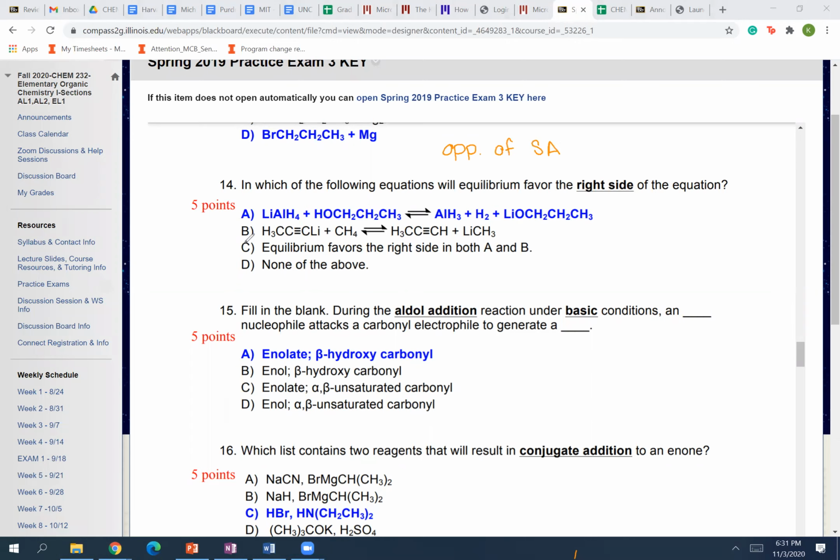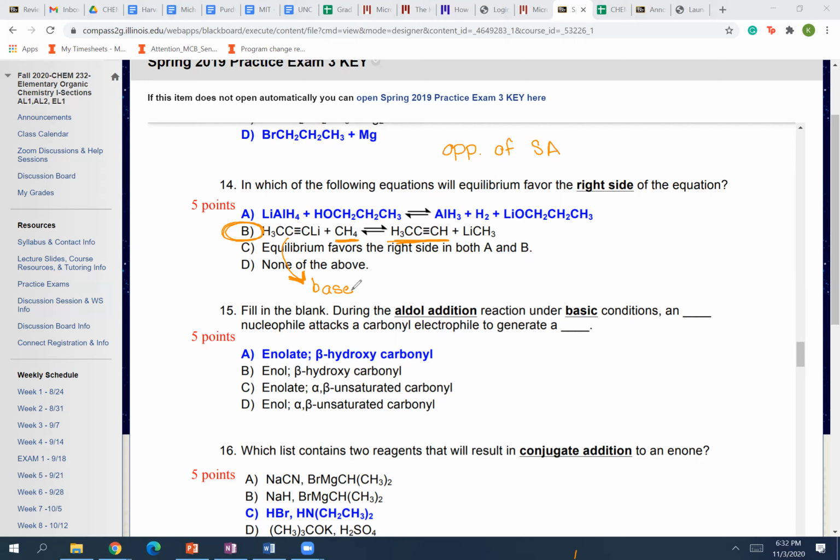So let's first look at B, because this one's a little bit conceptually easier to understand. And we can identify our acid as either being the CH4 or this terminal alkyne, because if we see through the reaction, we know that this organometallic is going to be the base because it has that negatively charged carbon.